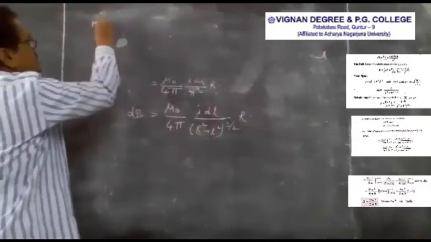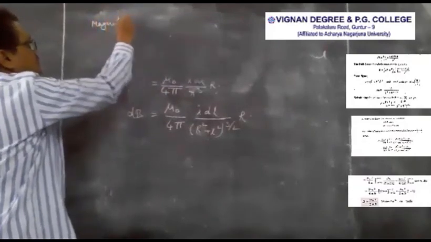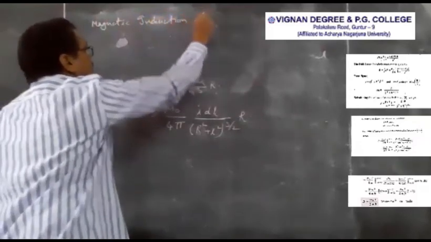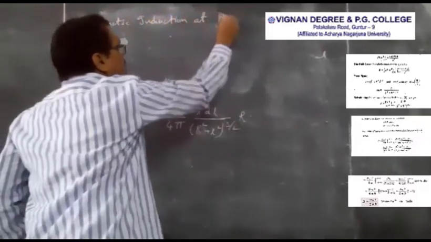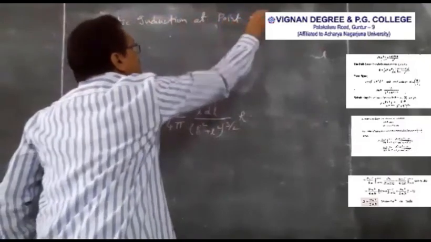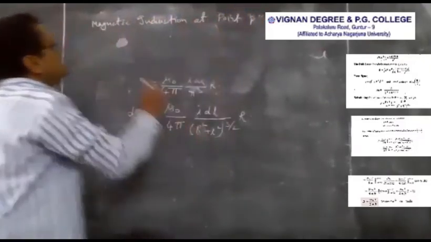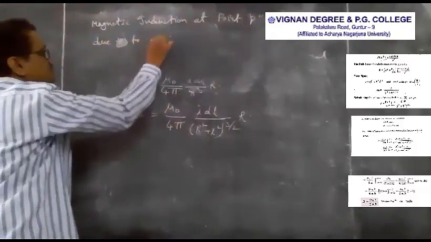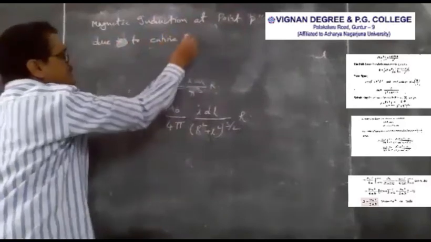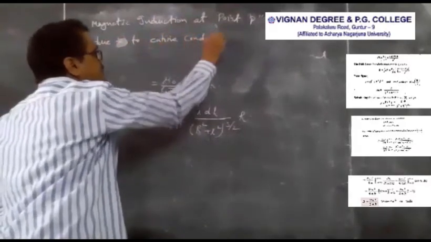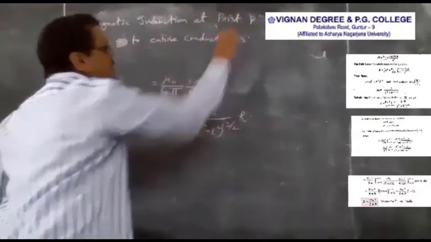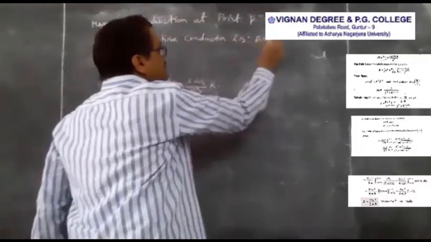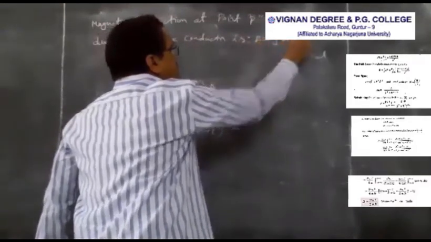Magnetic induction at point P due to the entire conductor is B equal to integral dB.